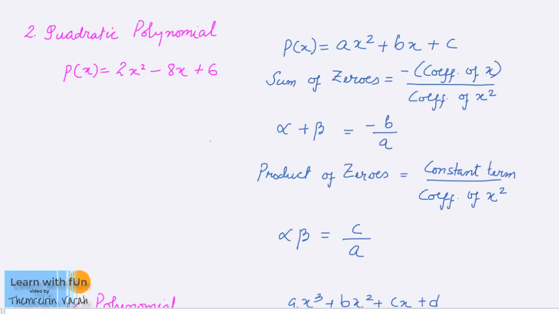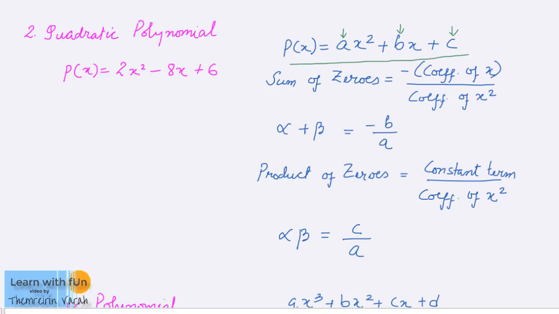Okay? Now the quadratic polynomials. The general form of a quadratic polynomial is ax square plus bx plus c. Here a is the x square coefficient, b is the x coefficient, and c is the constant term.